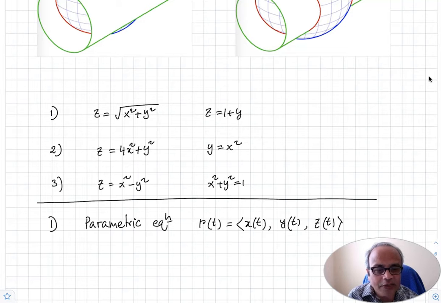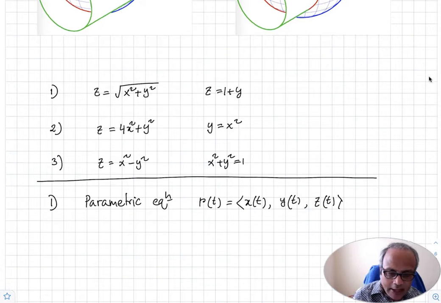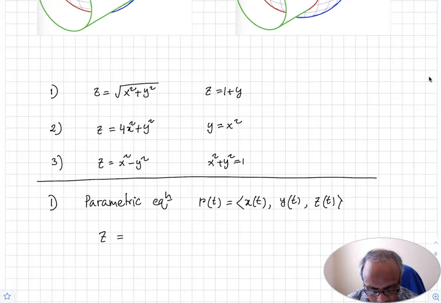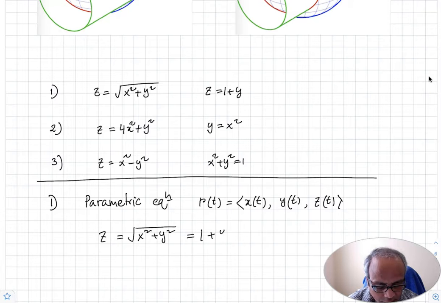These functions must satisfy those equations. Since we want the intersection, a good strategy is to set the two expressions for z equal: the square root of x squared plus y squared is one surface and 1 plus y is the other.